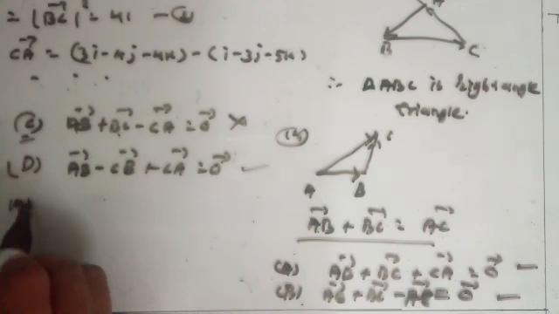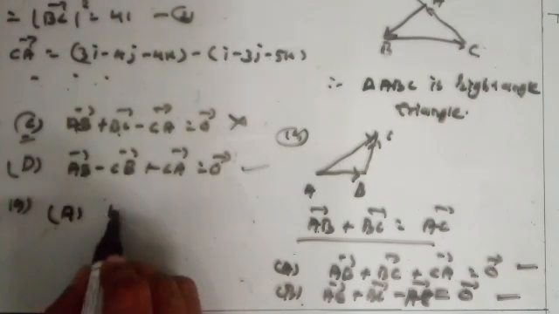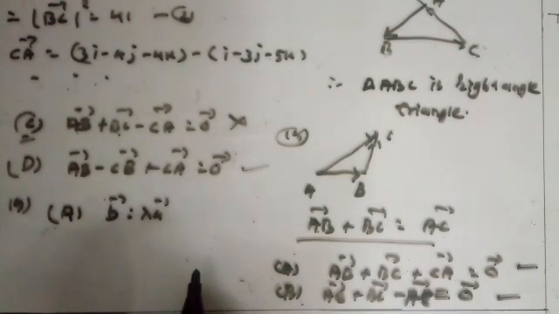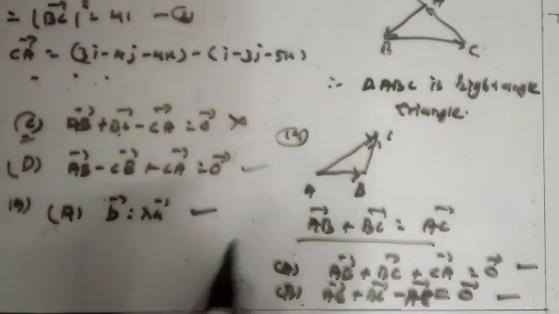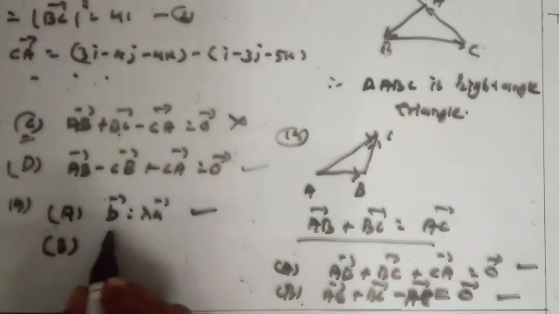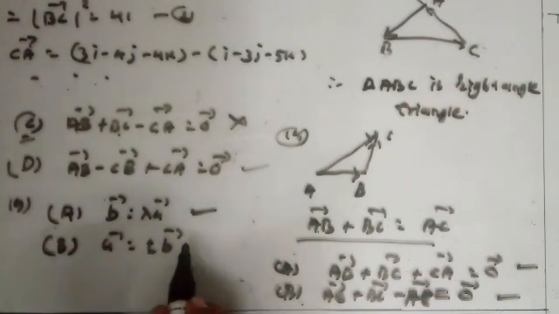Now question number 19. If a and b are two collinear vectors, then which of the following are incorrect? A: vector b is equal to lambda a for some scalar lambda. Here a and b are two collinear vectors, so this is true. Next, B: vector a is equal to plus or minus b. a and b are collinear, so this is also true.